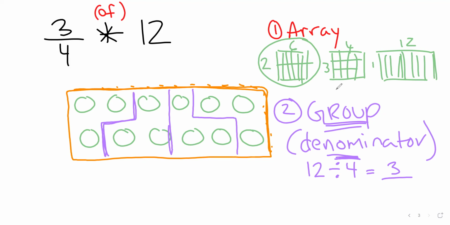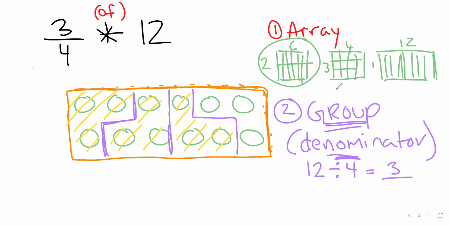So I've created these parts here. And if I shade in 3, here's 1, 2, 3. I hope you see what I did there. Notice how it's not even. I'm just creating the groups, and the groups needed to have 3 in them.